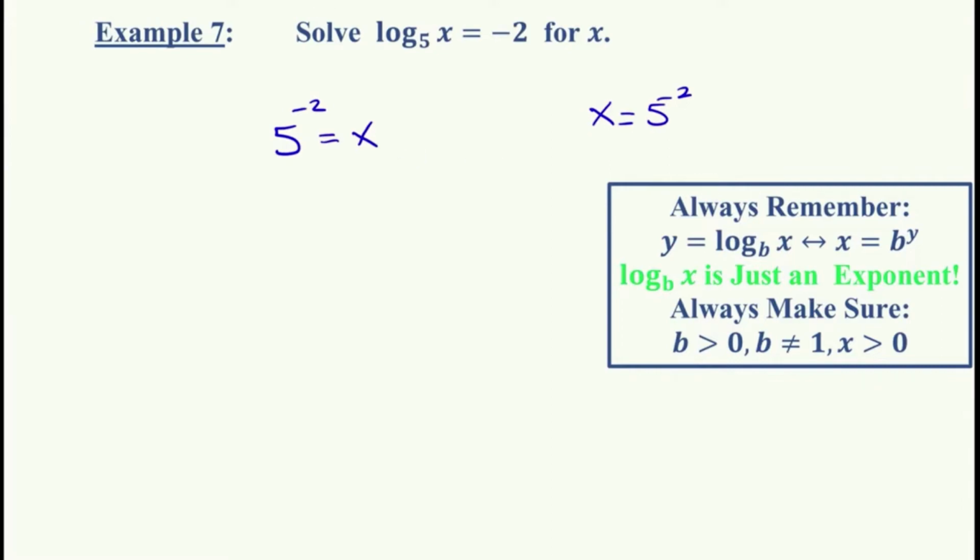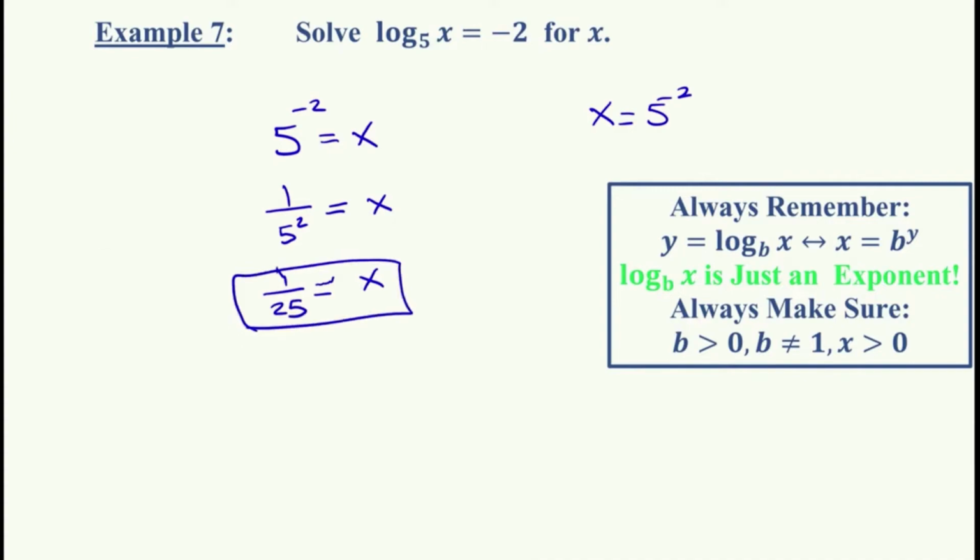All right, so now we go ahead and simply give the answer in a format that has no negative exponents. So we get 1 over 5 squared. So we get x equals 1 over 25. And that's as simple as these get.